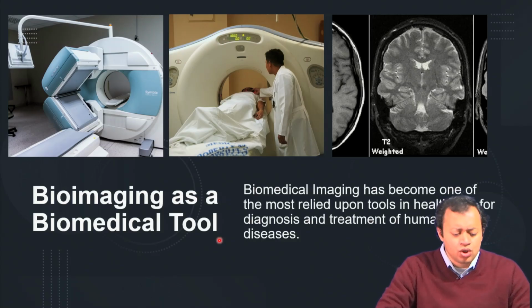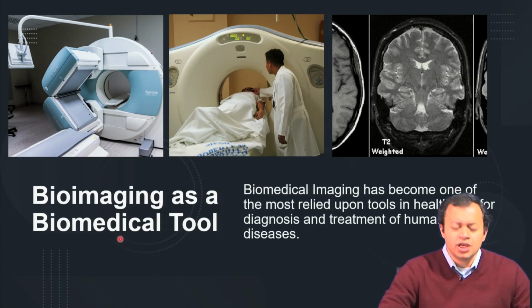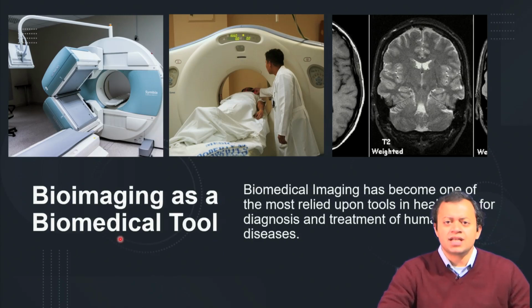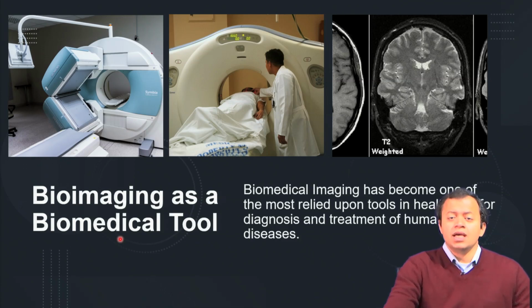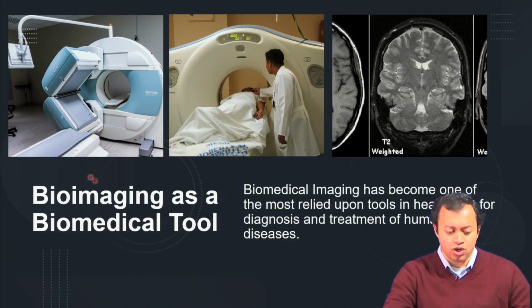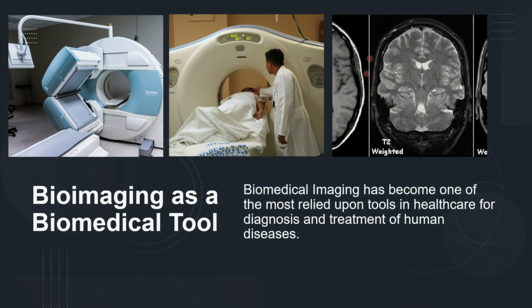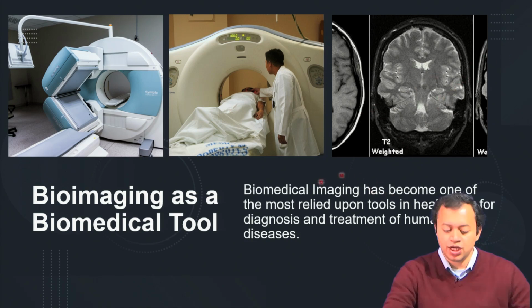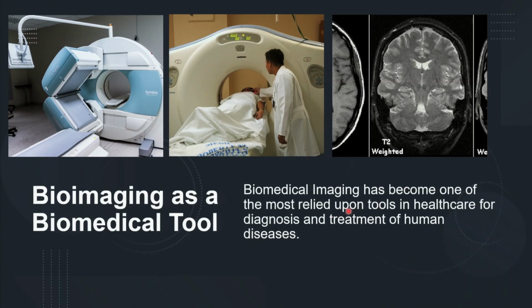So, we all know that bioimaging is a standardized and most important biomedical tool, right? Any super specialty hospital needs to boast about its MRI machine or CT scan machine, and thereby they take these wonderful images of inside your body, inside your organs, and this is one of the most relied upon tools when it comes to healthcare, because as the old adage goes, seeing is believing.